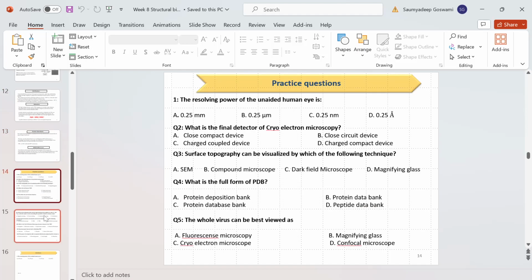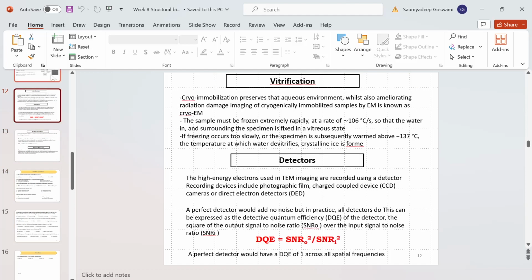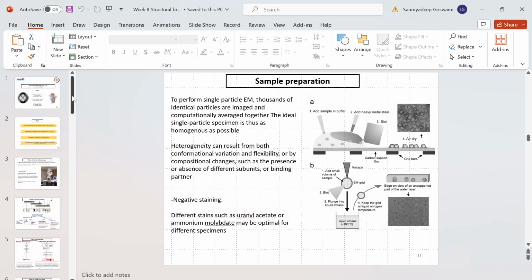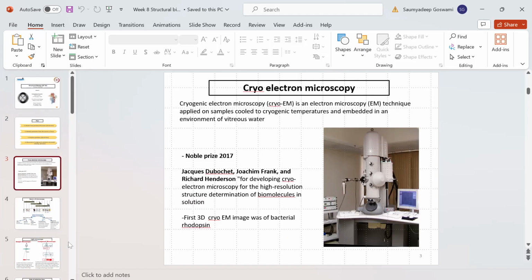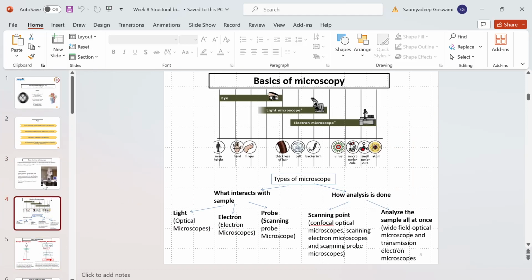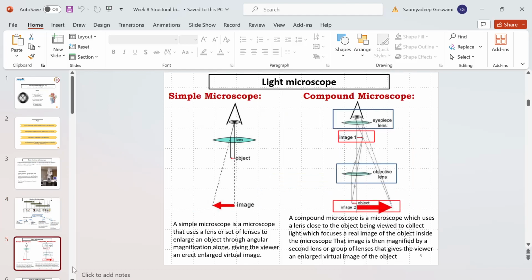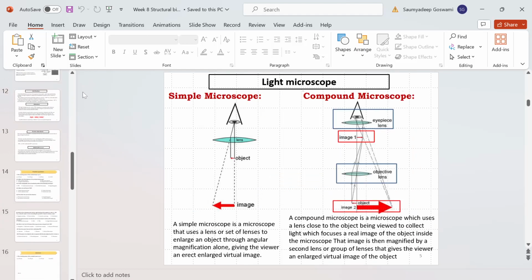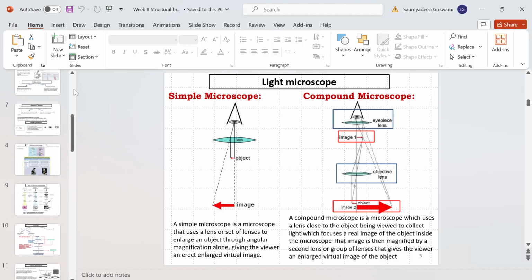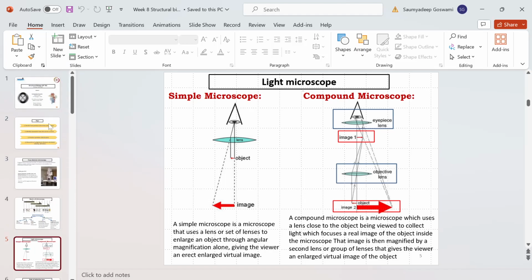So what I can do is share this slide also, but next class we will discuss more about cryo-electron microscopy and how these different microscopy techniques evolved. I will share this slide, but don't look too much into it; read it if you want to solve the week 8 assignments, because that will be helpful.